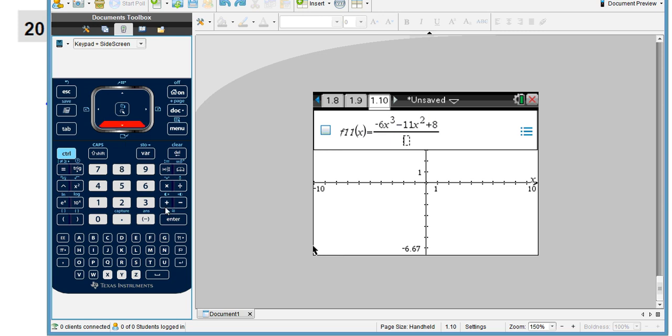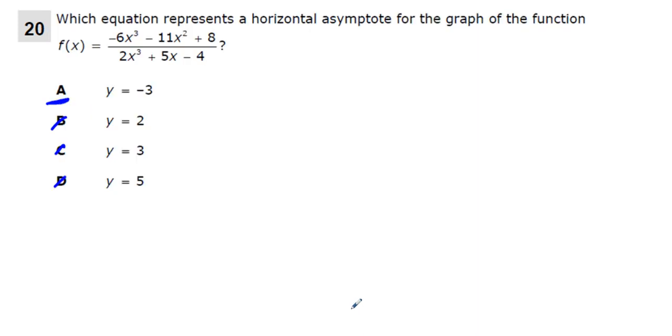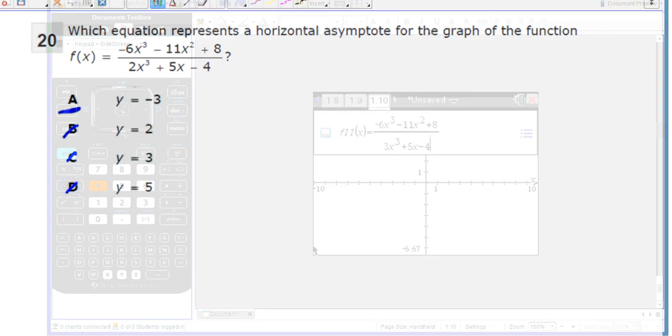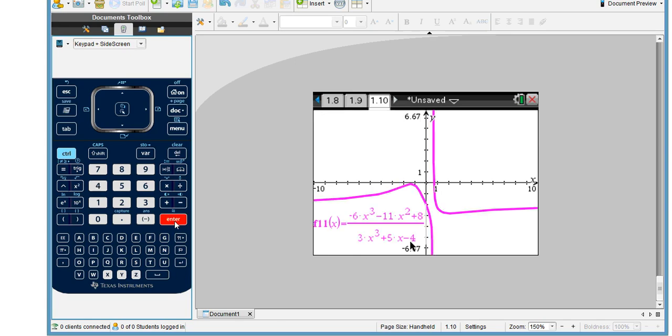And down here we have 3x cubed plus 5x minus 4. Make sure I enter them right because I might have messed things up here. Yeah, that's right. Press that. That's what we get.